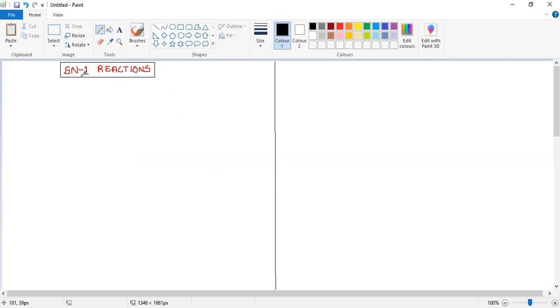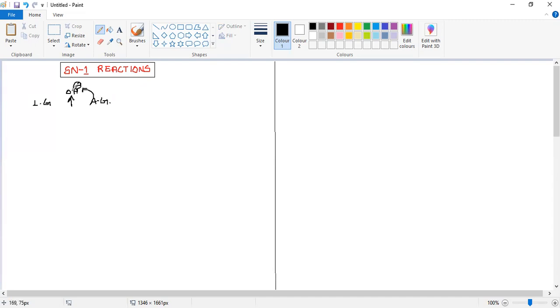Before starting the SN1 reaction, let us briefly repeat SN2. The main important point is that in SN2 reactions, the leaving group and the attacking group are there, in the presence of the reagent OH minus as the attacking group.